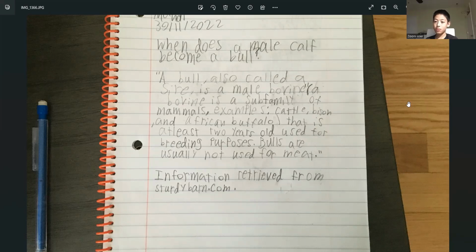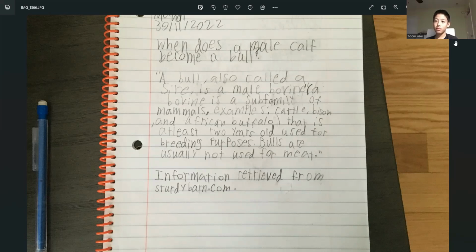It can be a male calf, like you just said, or it can be a female calf. Now, when does it become something else? We know it's at 2 years old, but what happens at 2 years old? If it's a female, it becomes a heifer. There you go. And what happens at 2 years old? If it's a male, it becomes a bull. You got it, partner. You got this.